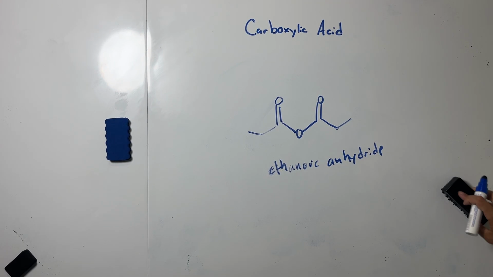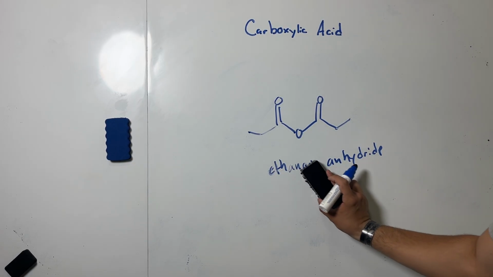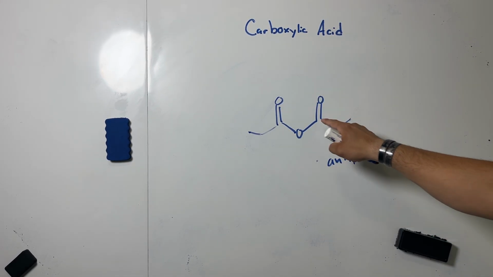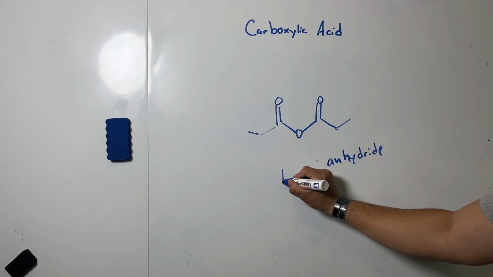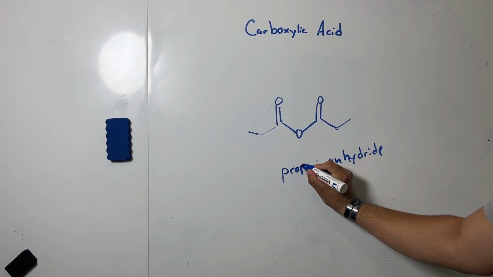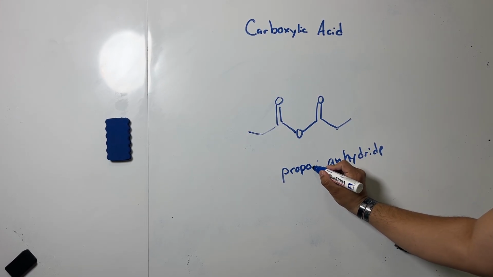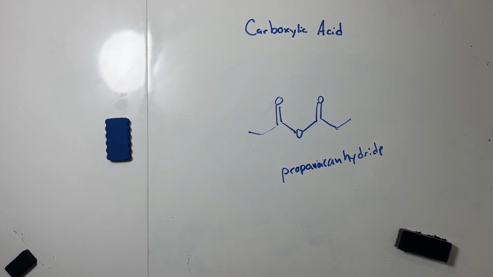I just realized that. Sorry about that. This wouldn't even be ethanoic anhydride, because there's 3 here. We have 1, 2, 3, 1, 2, 3. These would be propanoic. Man, caught myself there. These would be propanoic anhydrides. I am so sorry about that.